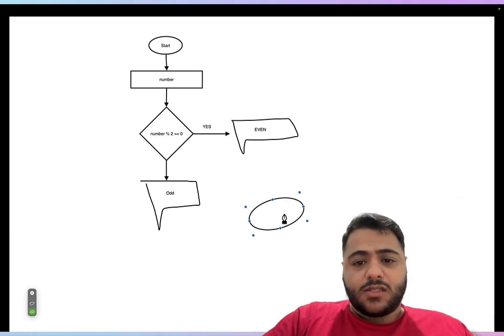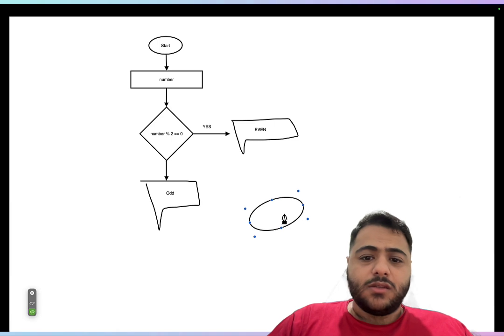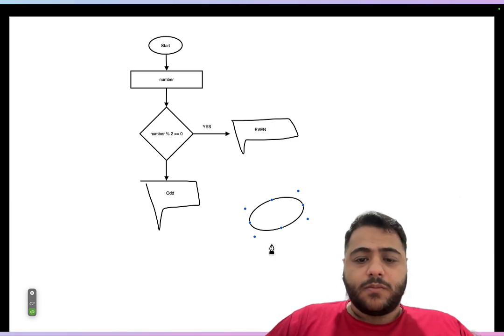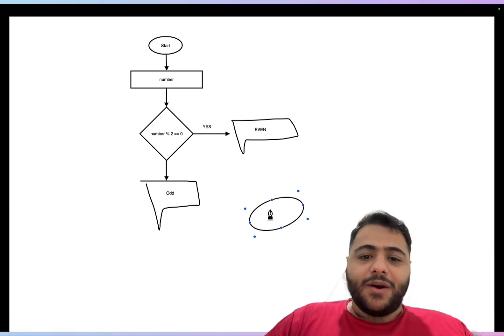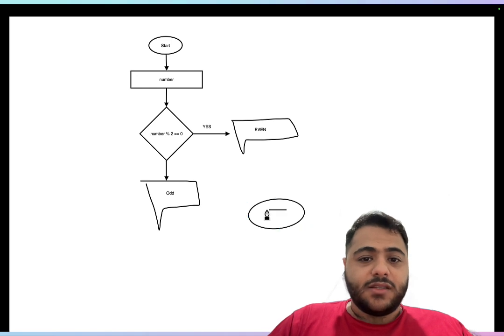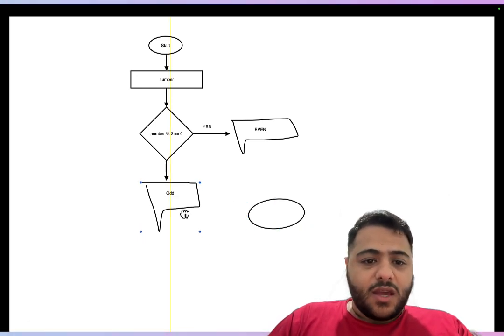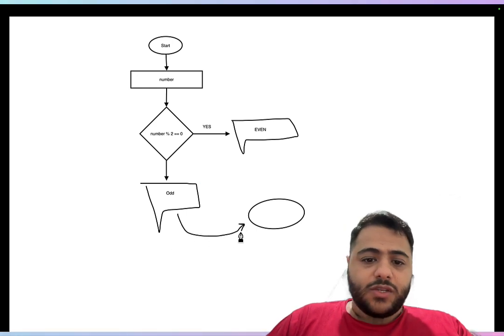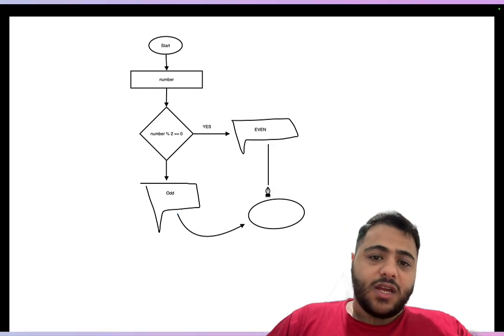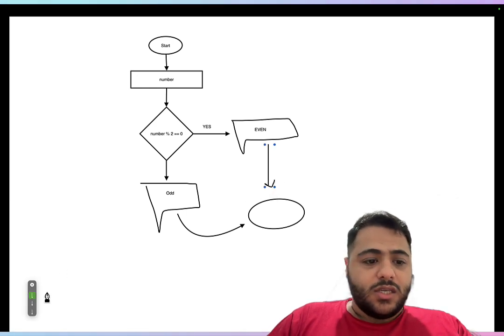It's an oval. Let's rotate it a bit. Come on. Yep, that's it. That's a bit tricky. So after that, we're gonna reach the end, and after that also we're gonna reach the end.